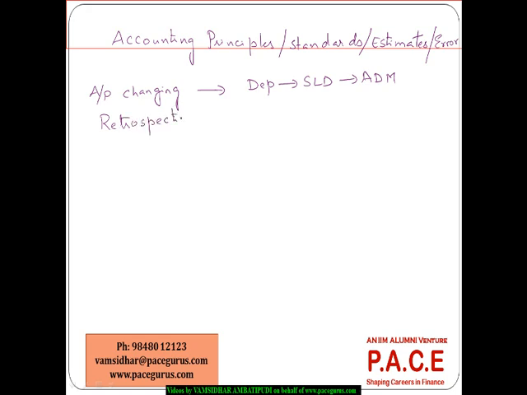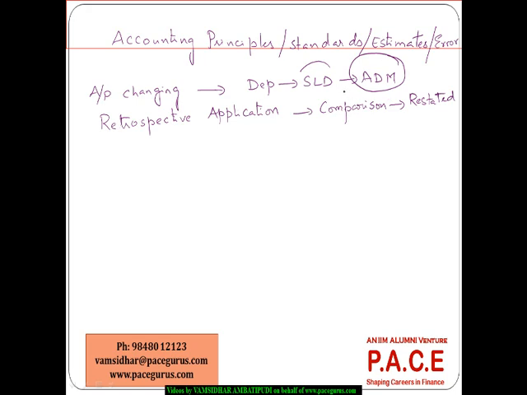Meaning the prior period, whatever is the past period that the company is showing for comparison purposes, even that period's financial statement also needs to be restated based on the accelerated depreciation method, not just the current year's.